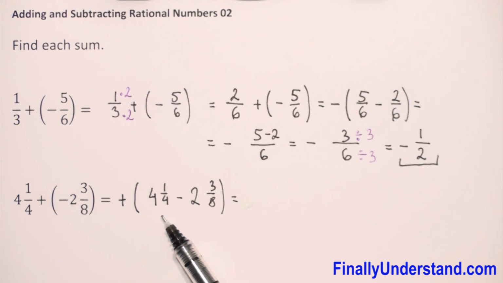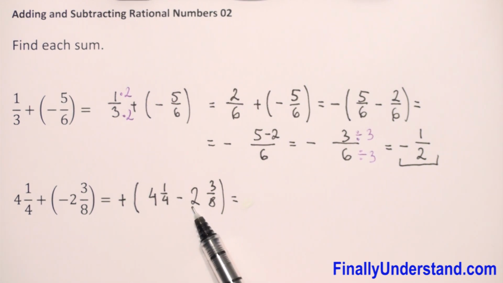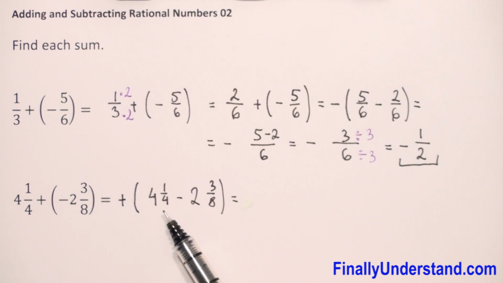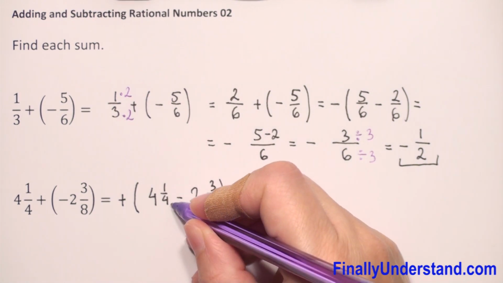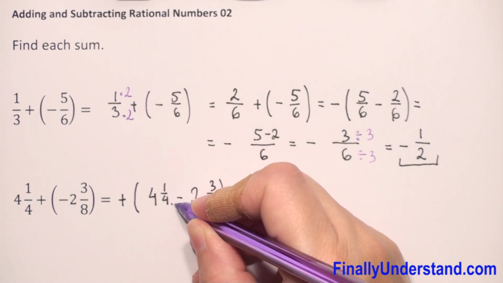So what can we do? We can subtract the whole numbers, 4 minus 2. And what next? We have to have the same denominator to subtract fractions. So we have 4 and 8. The common denominator will be 8. So we need to multiply 4 by 2.